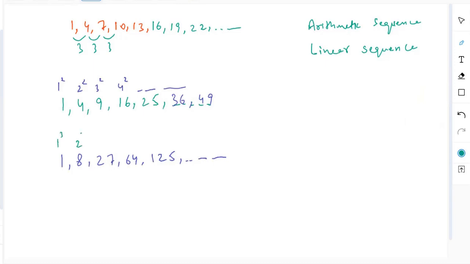Then you have 2 cube, then 3 cube, 4 cube, 5 cube, and so on. So you can write the next number after that. The next number should be 6 cube, and if you evaluate that, it turns out to be 216. The next number therefore should be 216, right?